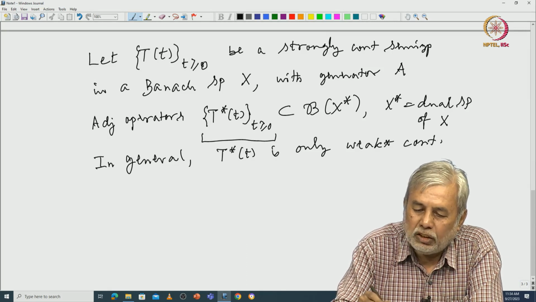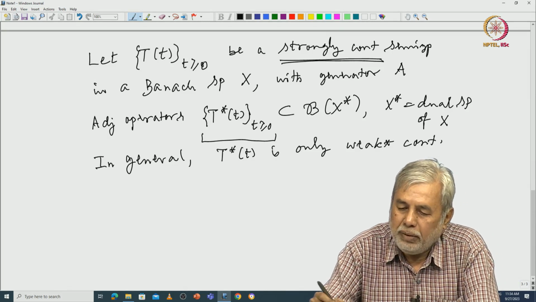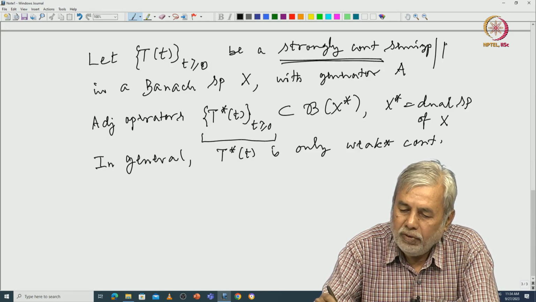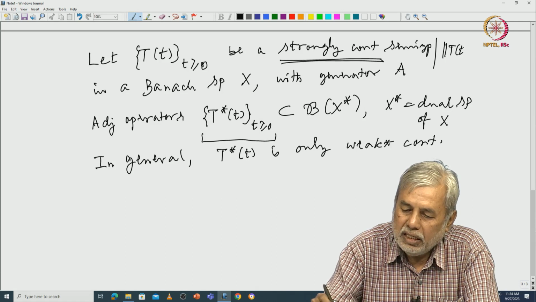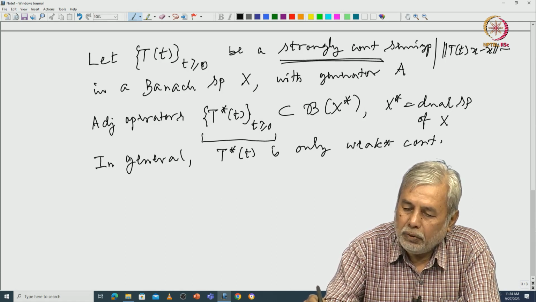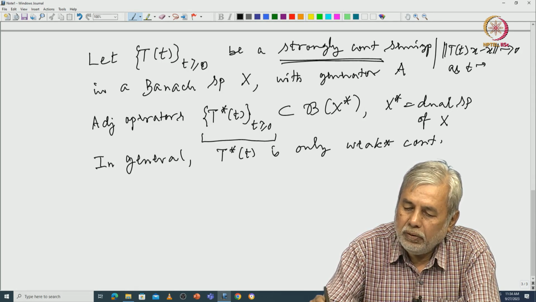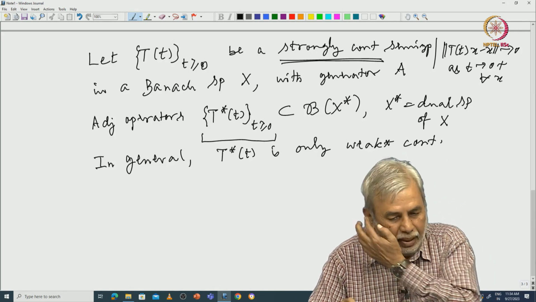So we lose this strong continuity. Okay. So strong continuity means what? The norm of T(t)x minus x tends to 0 as t tends to 0 for all x. That is strong continuity.